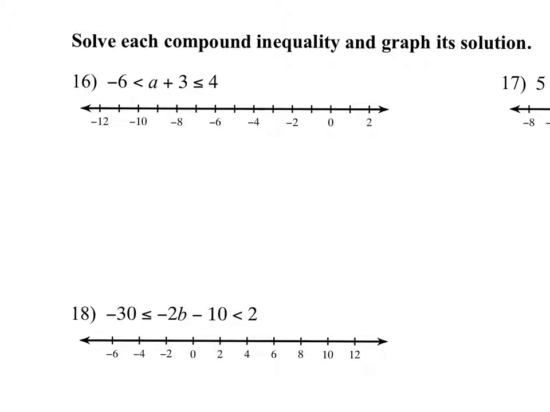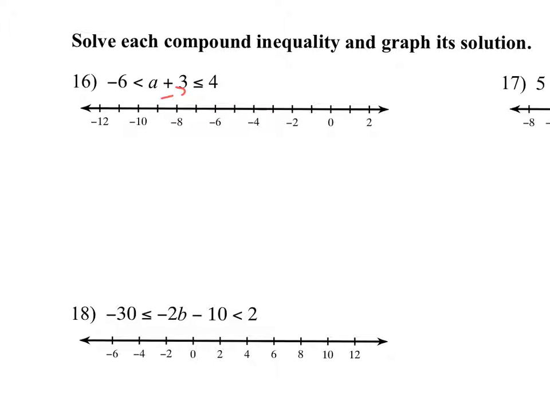In this problem, we have a compound inequality, meaning we have two inequalities together. a plus 3 is less than or equal to 4, and a plus 3 is greater than negative 6, reading it right to left. So we can solve both of these together at once.